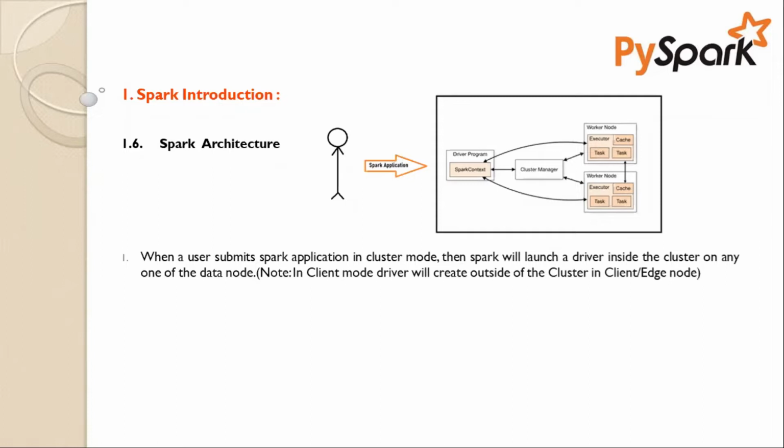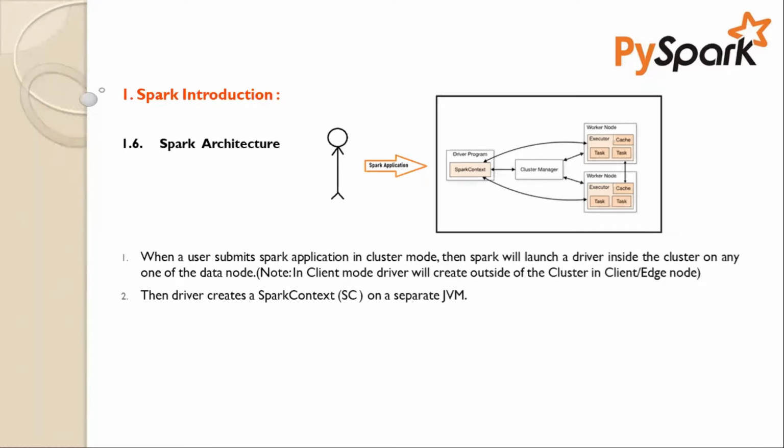This is the first step. Simply, when we submit an application, it will create a driver program inside the cluster on any of the data nodes. Next point: then what will the driver do? Immediately the driver will create SparkContext and a separate JVM. SparkContext belongs to the 1.x version, but still people are talking about SparkContext.